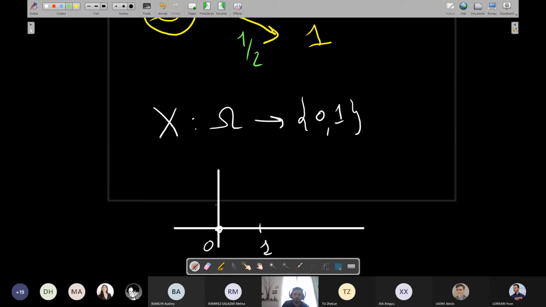For x equals 0, the probability is 1/2, and also for 1. If it's a tricky coin, the probability will be different. If you use a coin that has been modified by any physical reason, you can get different probabilities. But if not, it's uniform. Well, that's the definition of probability distribution function.